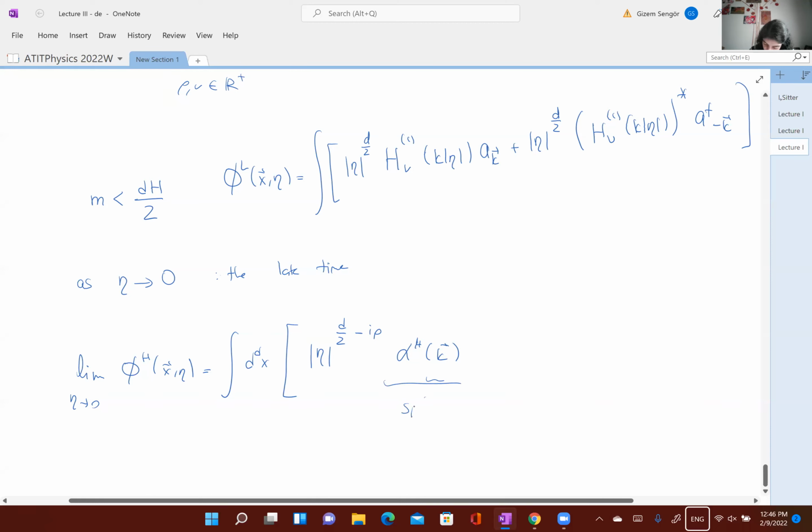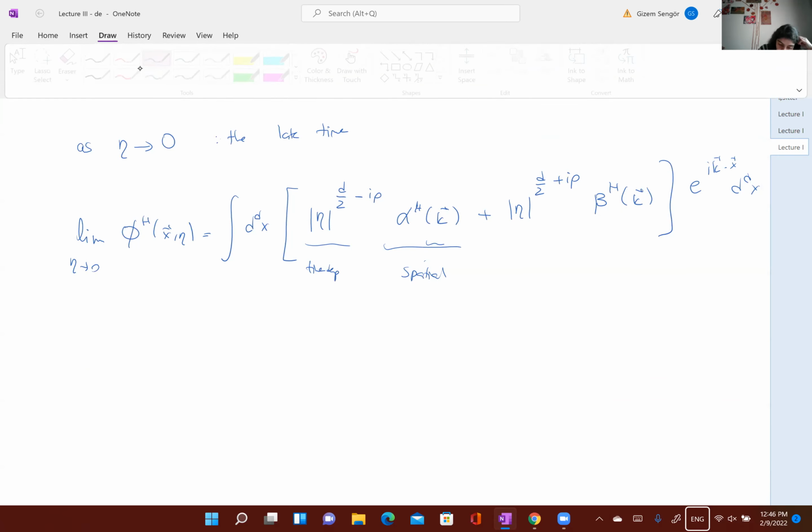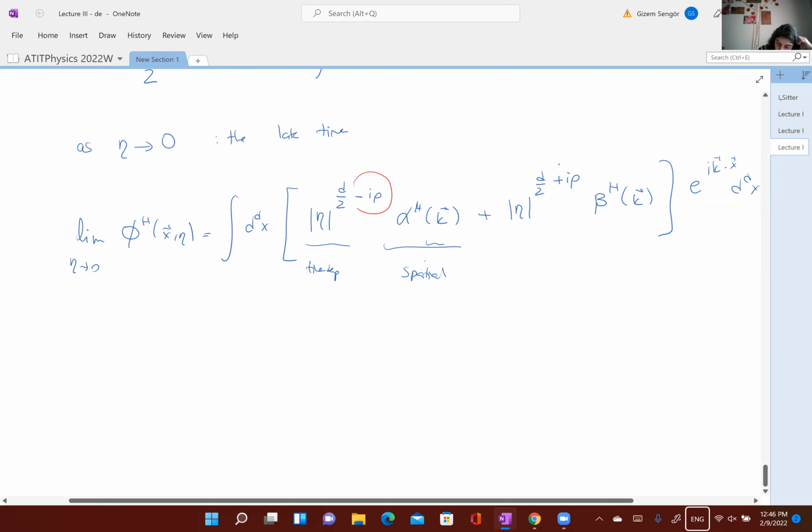So for the spatial dependence, there's one more term, and the time dependence factorizes. And here you have imaginary exponents in the heavy field case. And these alpha and beta are just operators.